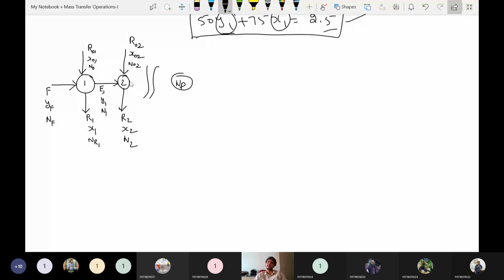Then this is going to stage 3. There may be n stages in between this and the second stage, so we are not going to consider that. But the output here is E2, Y2, N2.